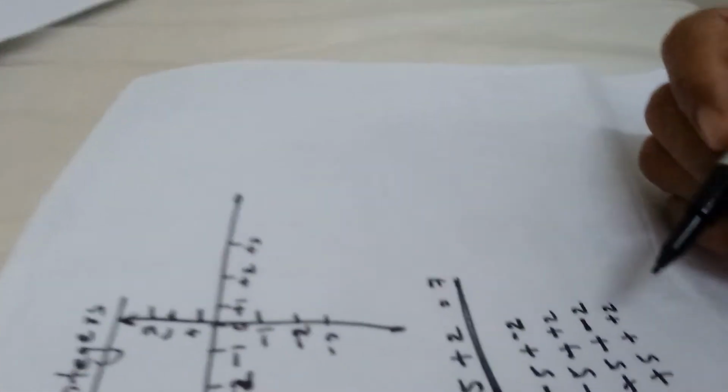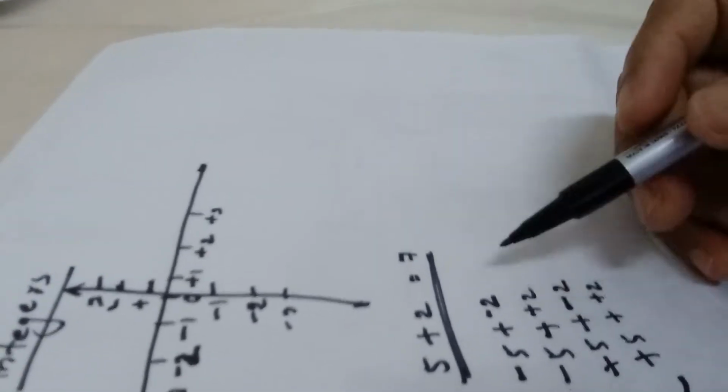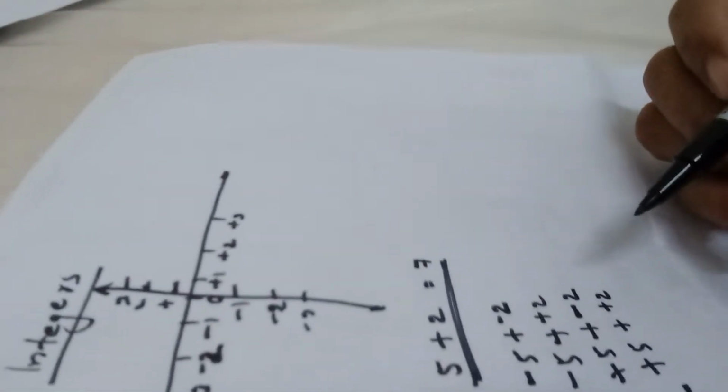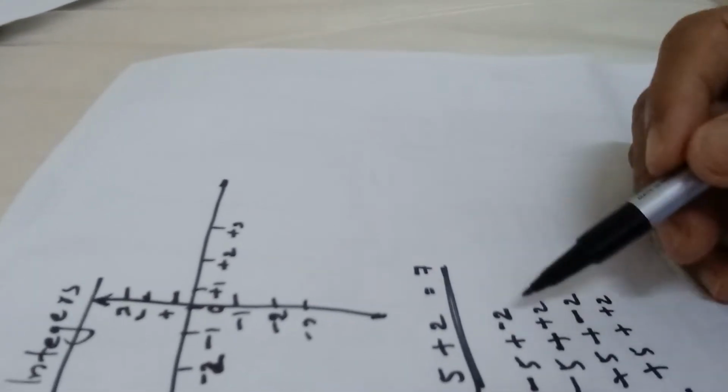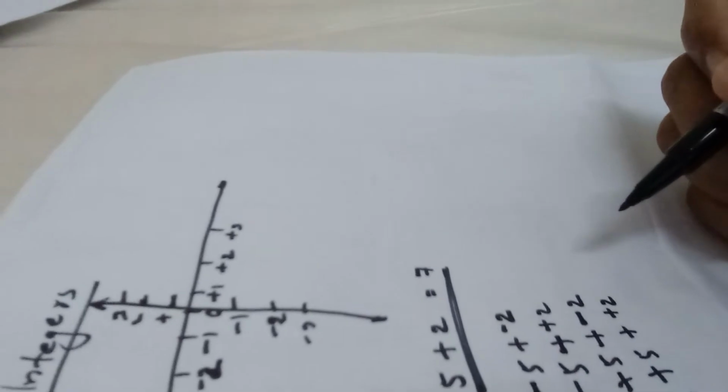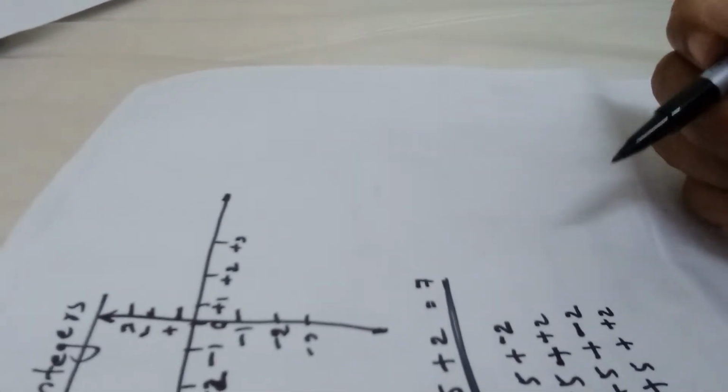These are 4 basic examples, 4 different types of addition of integers.